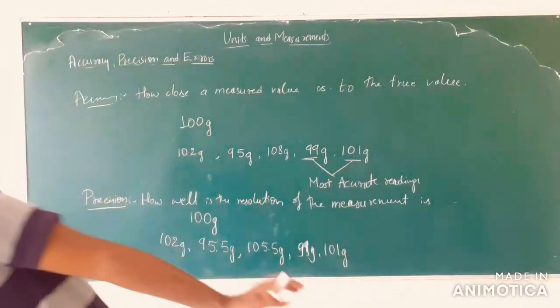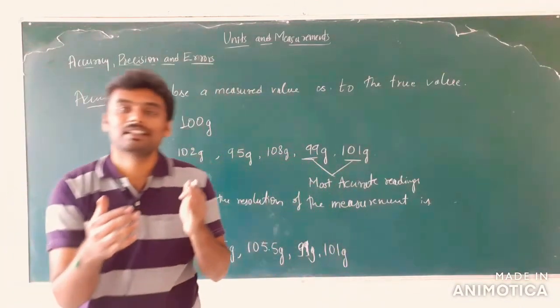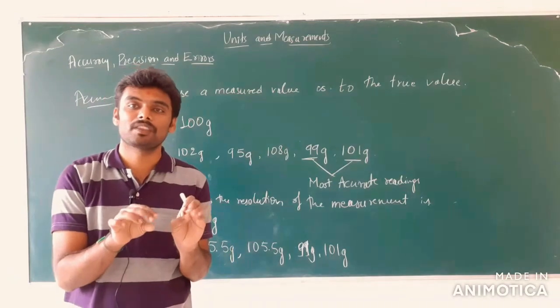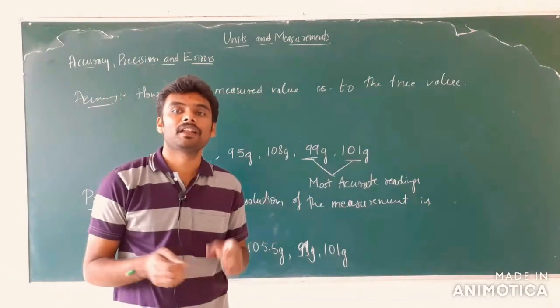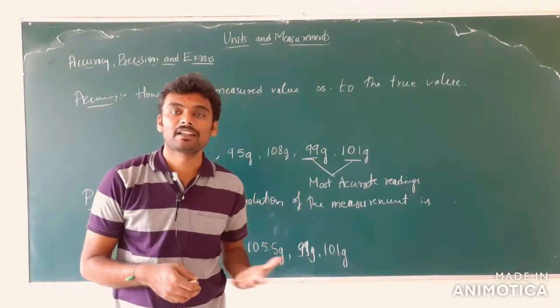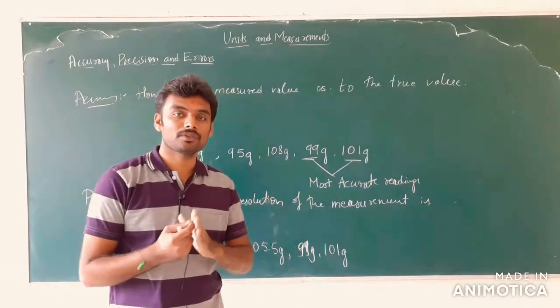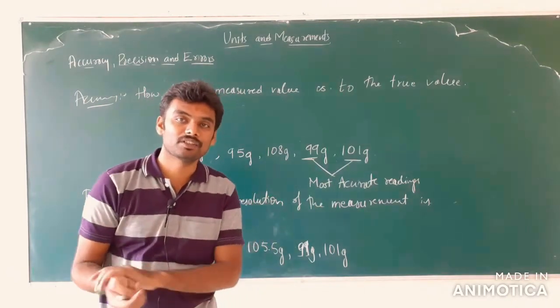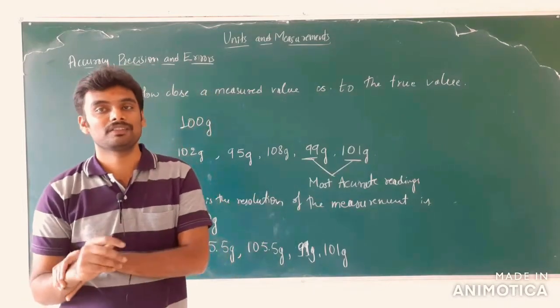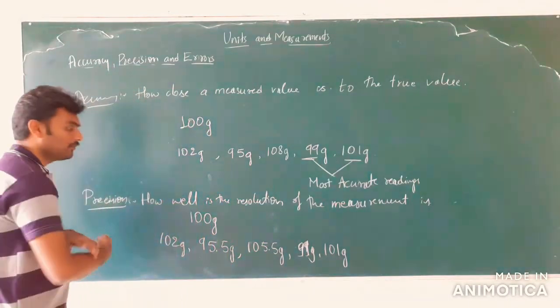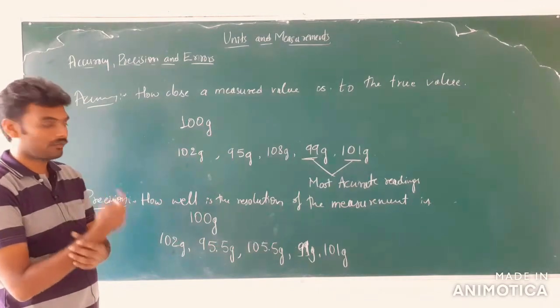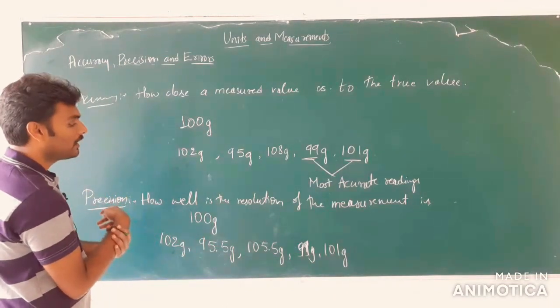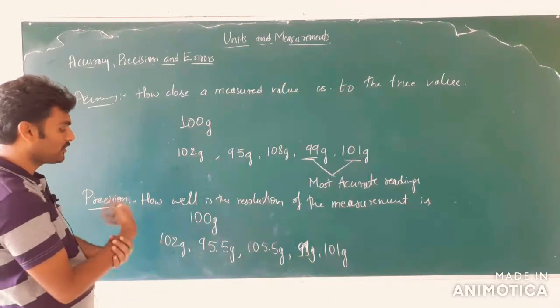So a reading with less resolution is considered to be less precise, and a reading with a good number of digits, more digits, is considered to be more precise. So now you decide which readings among these are more precise or most precise.